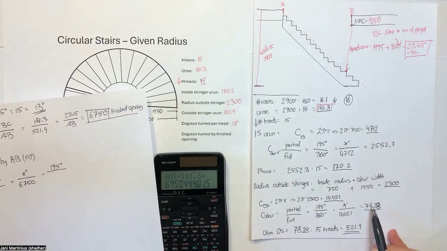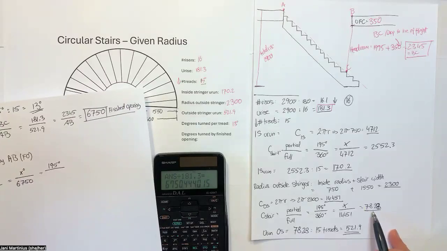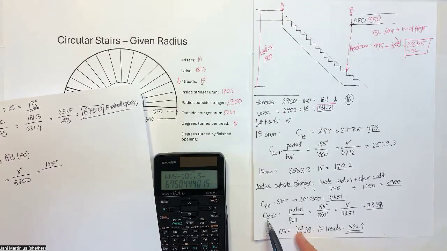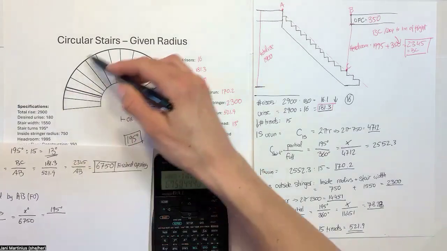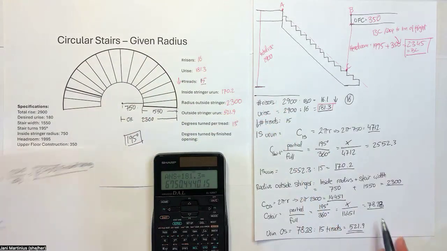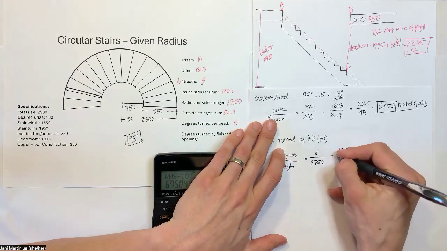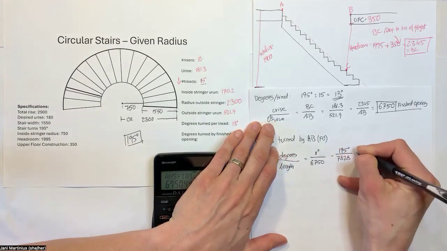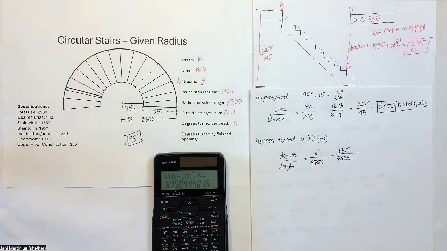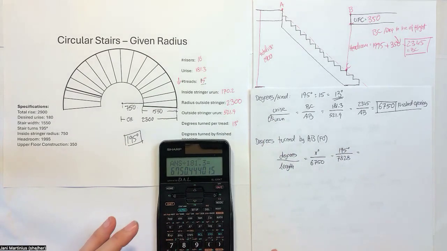So that's the number we found here. The 7828, the circumference of our stair over the 195 degrees. So 7828. Pop that in here. 7828. Here we go. And now we just, again, cross multiply and divide. 6750 times 195 divided by 7828.